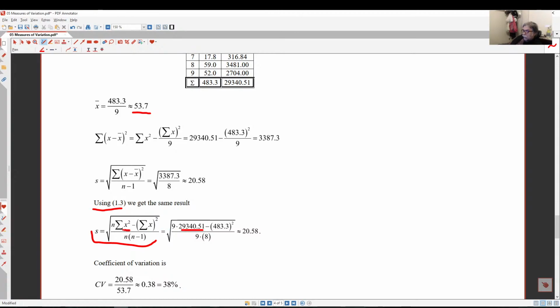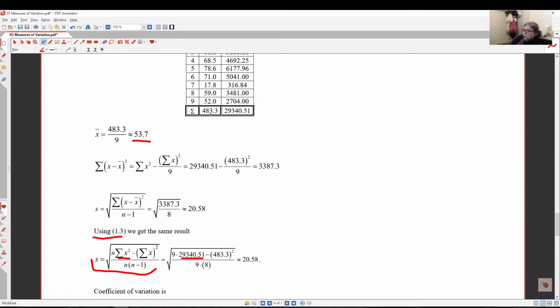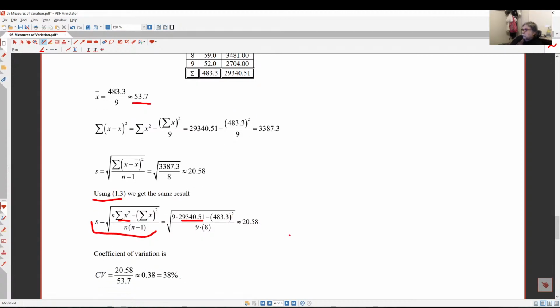So I'm replacing that. The next one, I need to have the square of the sum of x's. The sum of x is 483.3. You square that. And now you need to multiply this. The first term is also multiplied by 9 minus the square of 483.3. Use your calculator.